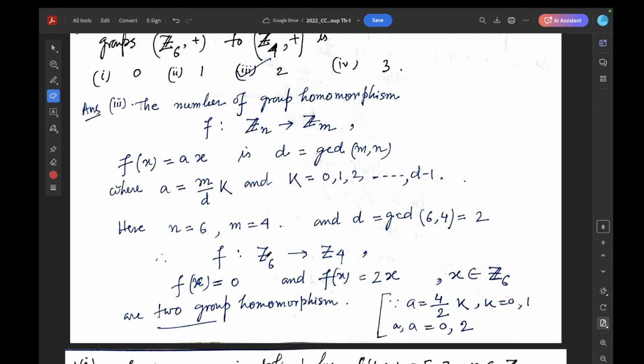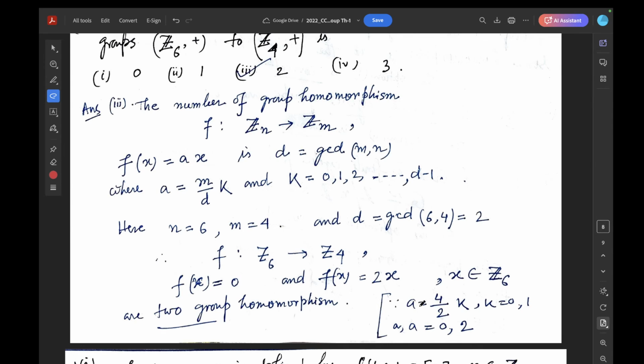So f maps from Z6 to Z4, so a equals m by d into k. Here m is 4, d is 2, so a equals 2k, and k equals 0 and 1. When k equals 0, a is 0.